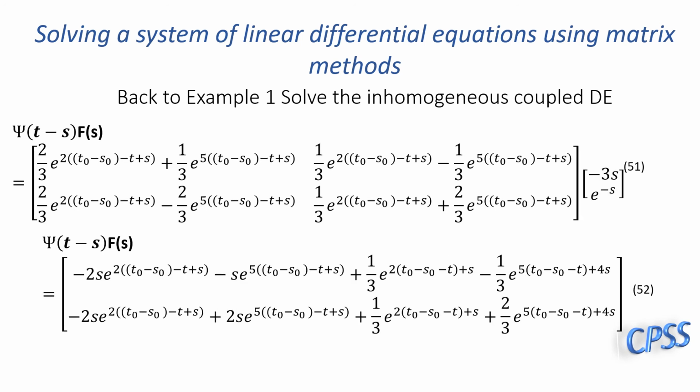Equation 51 is just a reminder of equation 50 on the last slide. So when you multiply the column vector with the 2 by 2 matrix, equation 52 is your result. This is what you get, a 2 by 1 column vector.